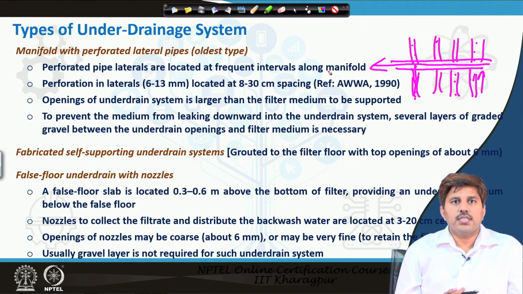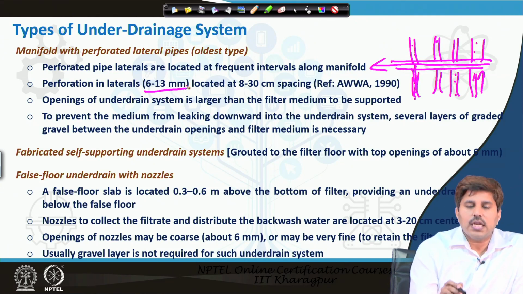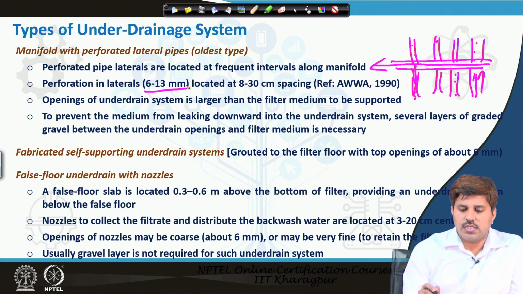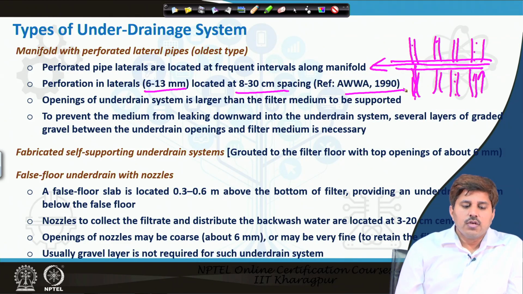The perforations in the lateral could be 6 to 13 mm in size, located at 8 to 30 centimeter spacing, as per American Water Works Association guidelines. The openings of the under drain system are larger than the filter medium to be supported.